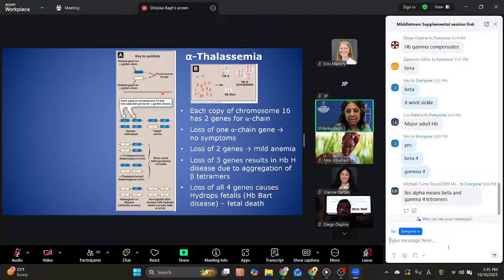So when you say there is no alpha, beta 4 and gamma 4 are abnormal tetramer chains. Normals are only 3 types. I would say 4. Major adult, alpha 2 beta 2. Minor adult, alpha 2 delta 2. Fetal, alpha 2 gamma 2. And then there is glycated.